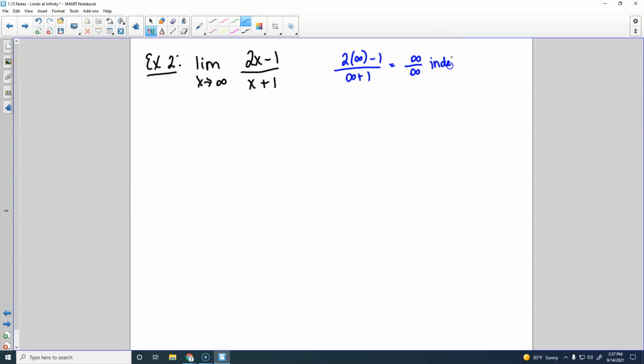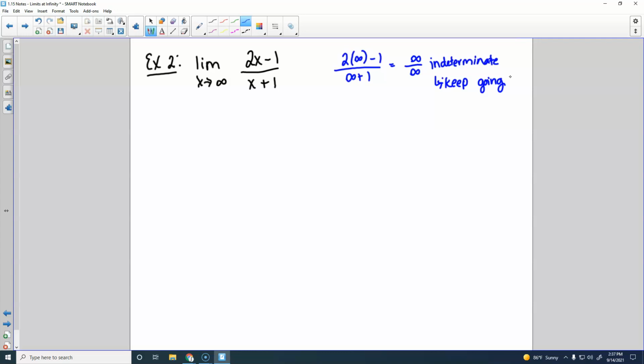Indeterminate. Yes, very much so. Indeterminate means keep going. It doesn't necessarily mean there is an answer or there's not an answer, but it means that you can do something else. Are we going to? We are, yeah.